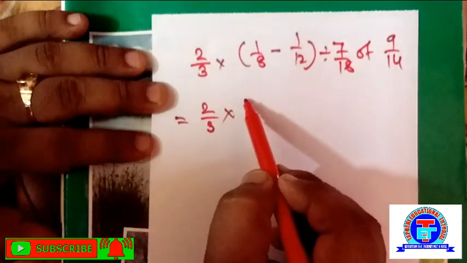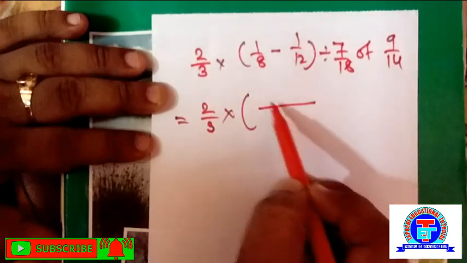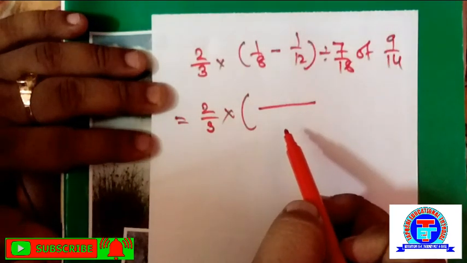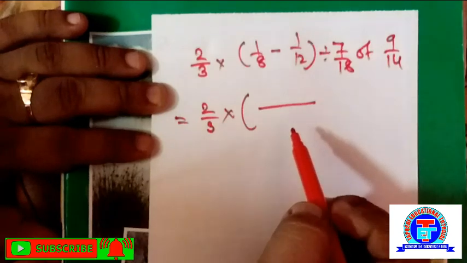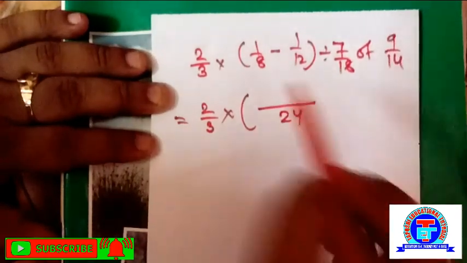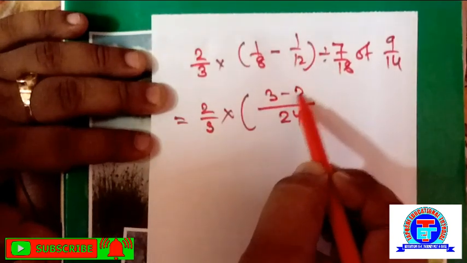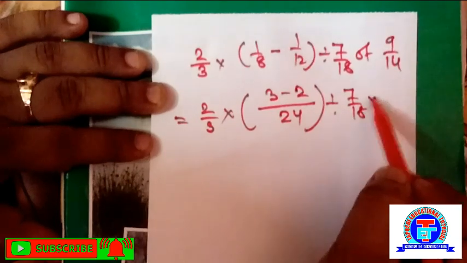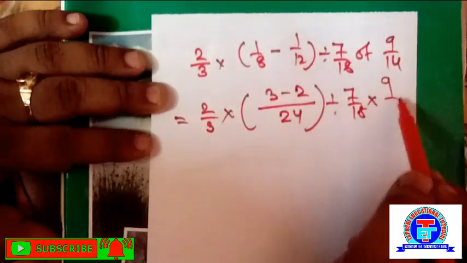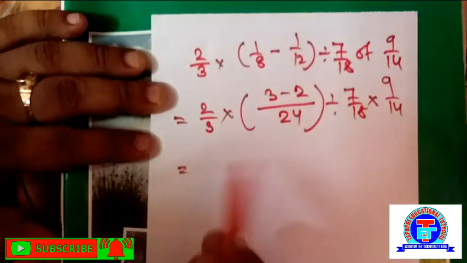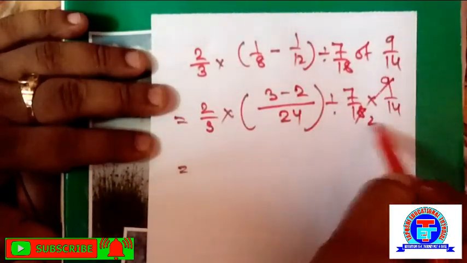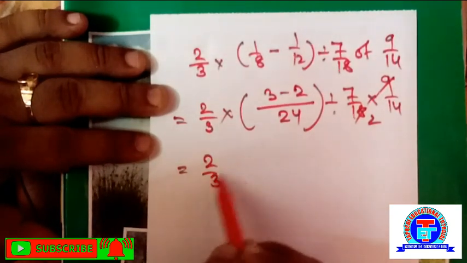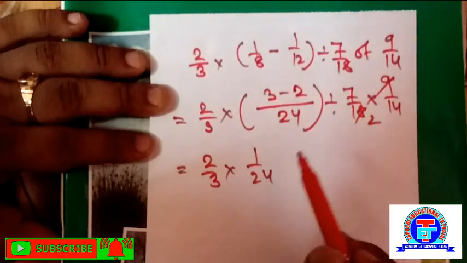So we write here this one, the LCM became 2 to the 4, 4 to the 8, 8 3 the 24. So 24, and this one 3 minus 2, right, divided 7 by 18. This one became of, means multiply 9 by 14, right? So here we write this one became 2, right? This one became 2.